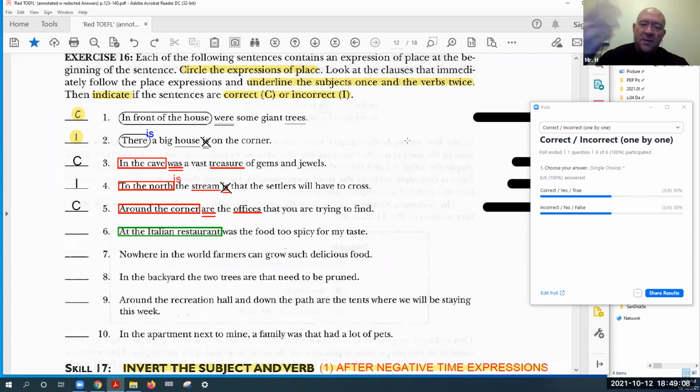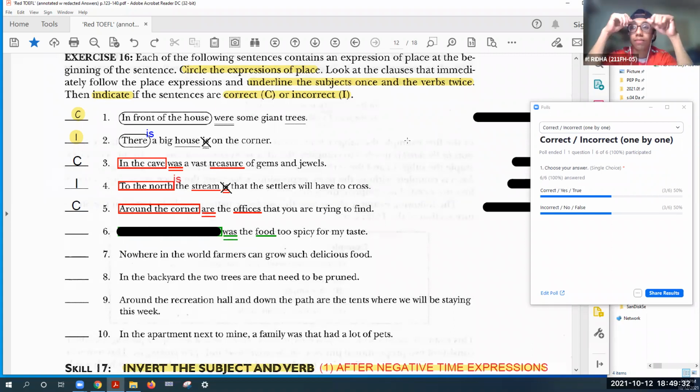But tell me, I need 3 things: an expression, a verb, and a subject. The expression is at the Italian restaurant. The subject is the food. The verb is was. Now, read it again. Was the food too spicy for my taste?